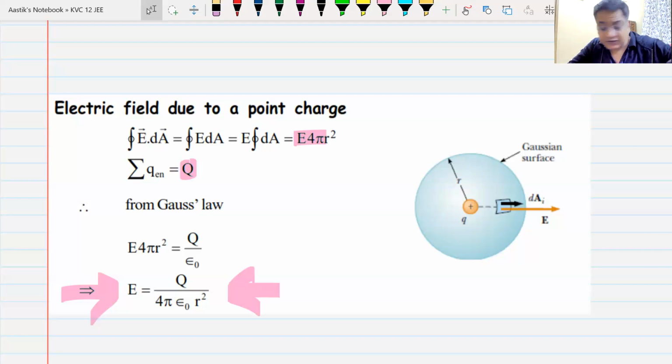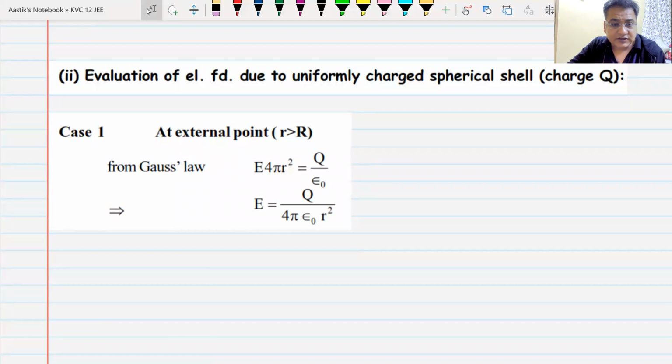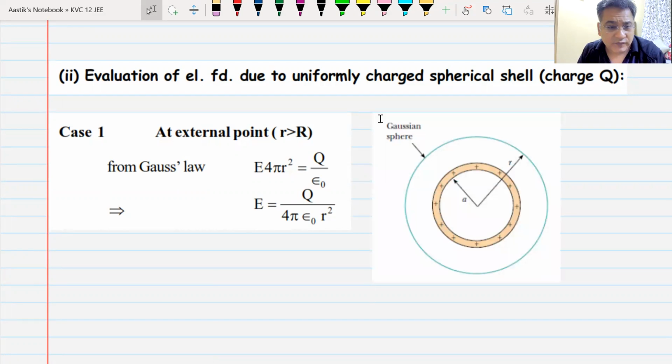Now, this is the last chance where you are going to go through the formula of non-conducting shell again. Case number 1, when you have the point outside it. You are going to create a Gaussian surface which encloses the entire charge. So the answer will be same as the answer of a point charge. Yes or no?